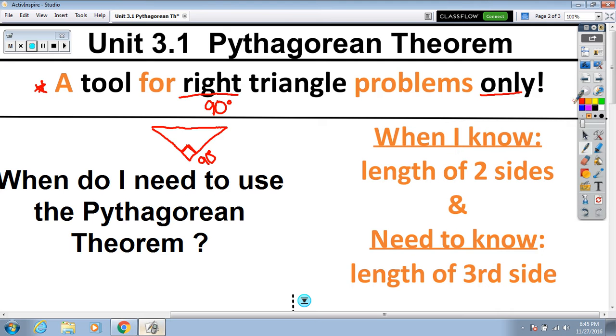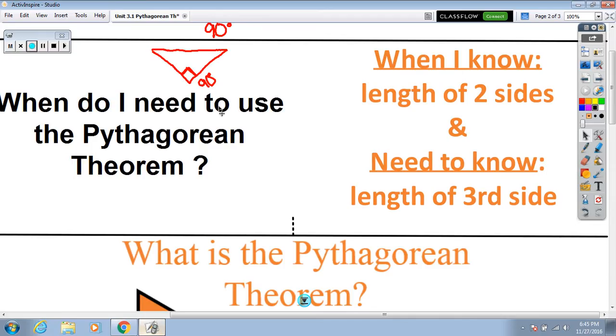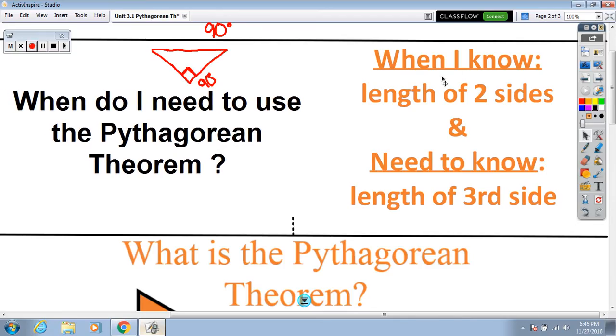All right. So when do you need to use Pythagorean's theorem? And this is very important for this whole unit. You're going to use Pythagorean's theorem whenever you know the lengths of two of your sides. So if I go back and look at the triangle that I drew over here, if they give me that the length of one of my sides is 10, and I know they're talking about a side length because they'll put the 10 on the outside, that means this side's measurement is 10.